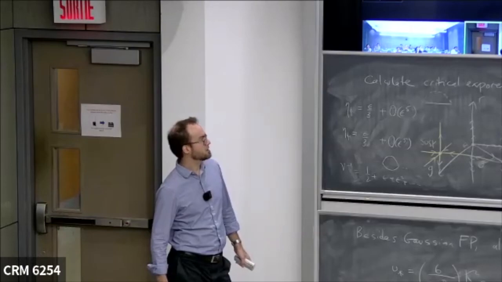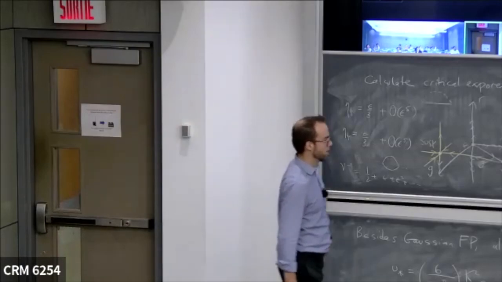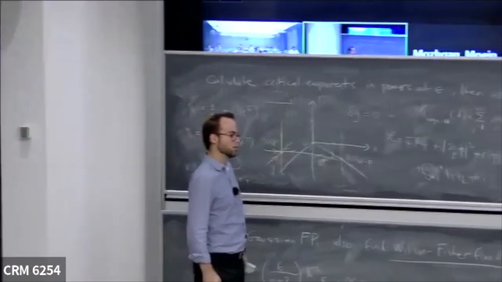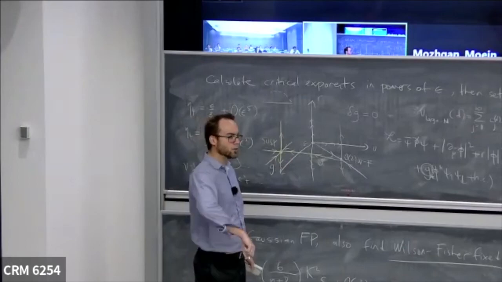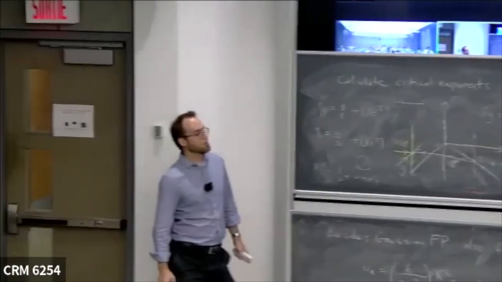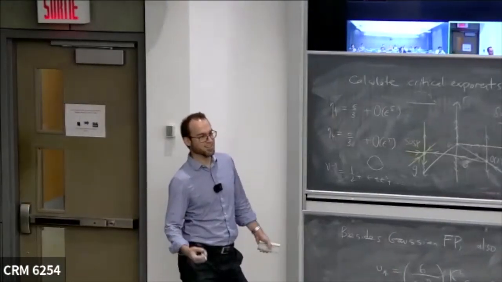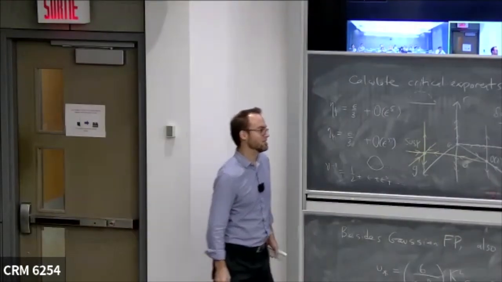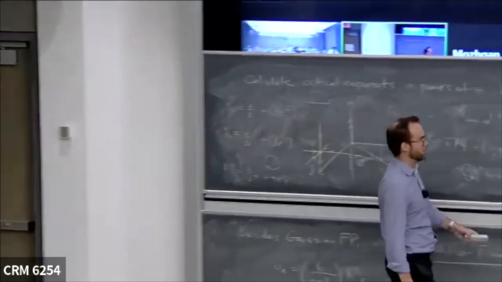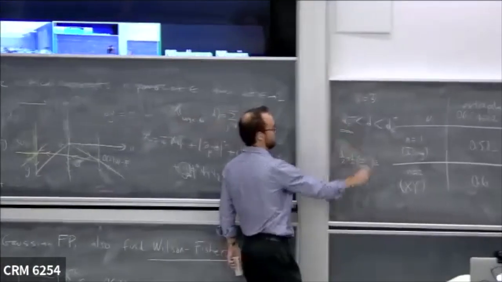Knowing the result for epsilon equals 1, which is like 0.0-something, and epsilon squared, so 4 times that, maybe you get close to 1/4. It's a good question actually. That's interesting. But yeah, this expansion doesn't know about the lower critical dimension.